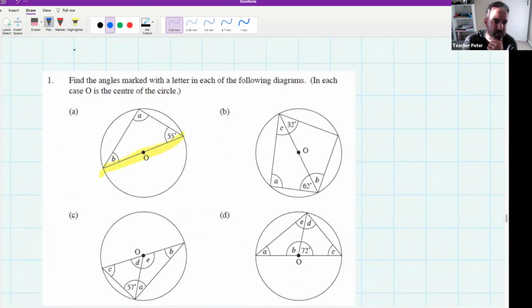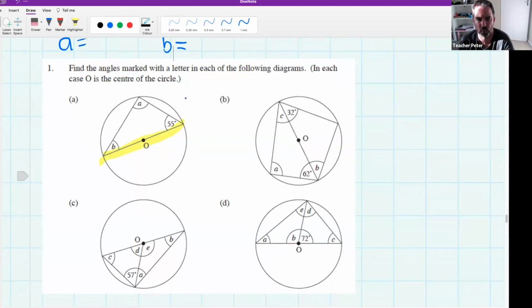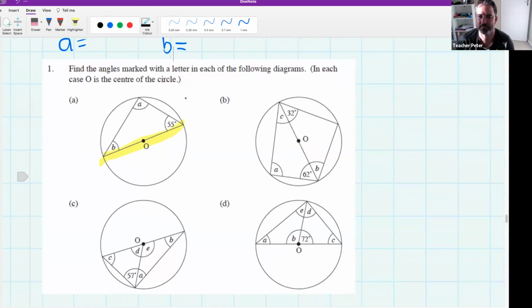And I want you to tell me what is the value of angle A and what is the value of angle B as we look at these 4 circle geometry problems. You can pop it in the chat, whatever way you have of contributing. So Quena, Callan, Buchle, thank you very much. What do you think that A is?